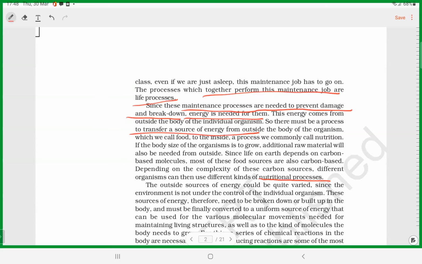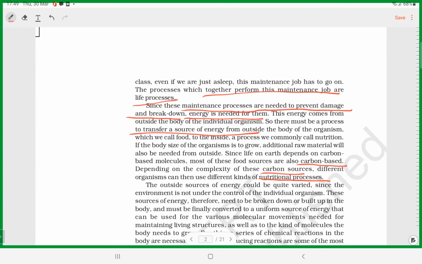In what form do you take it? Complex form. The kind of food we take is carbon based. Why is it called carbon based? What are the foods we eat?